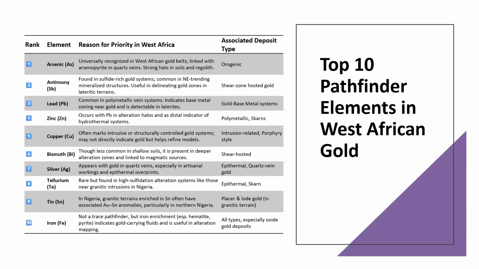But if you look at these top pathfinder elements in most of the West African countries, you cannot do without arsenic as number one. You talk about antimony, mostly found in all these sulfide-rich gold. And if you look at all of them in the West African gold, all the major regional structures are trending northeast. Like in Nigeria, within the schist belt, you go to the western part and you find out that most of the regional structures are in the northeast.